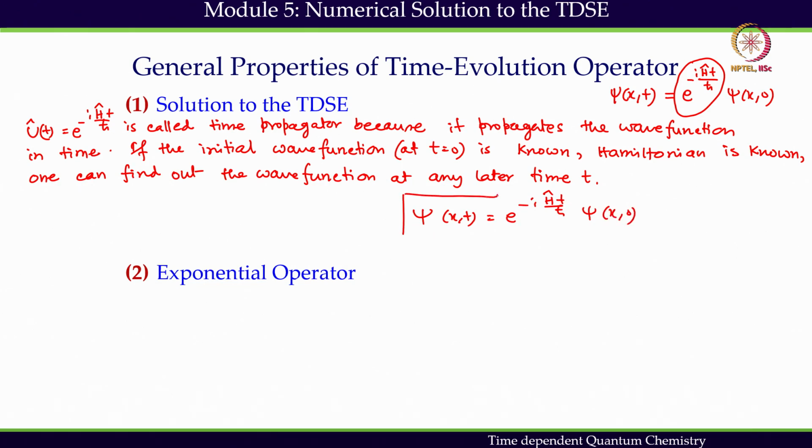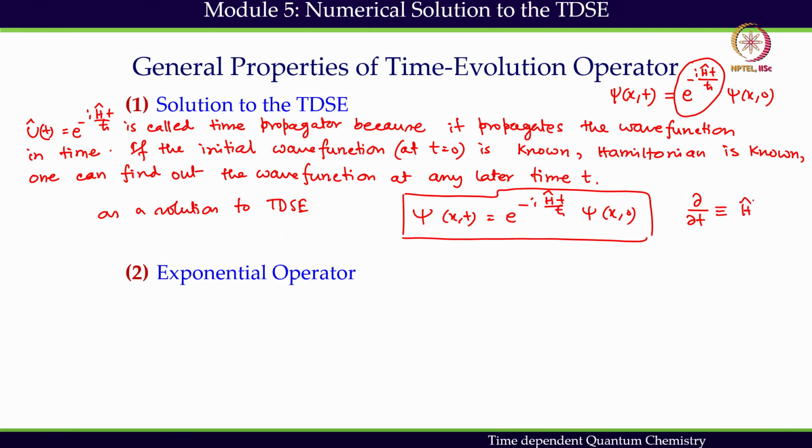This equation comes as a solution to the TDSE, because remember at some point we said that this operator is equivalent to H, and this part came from the TDSE in the derivation, and that has been explicitly shown in module 4.